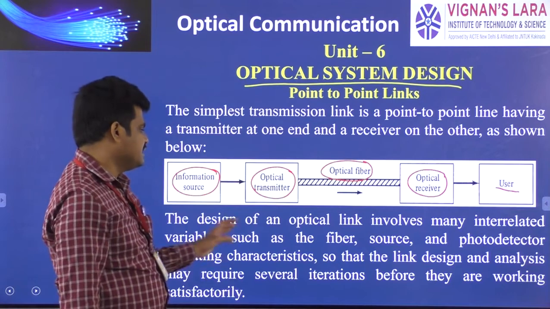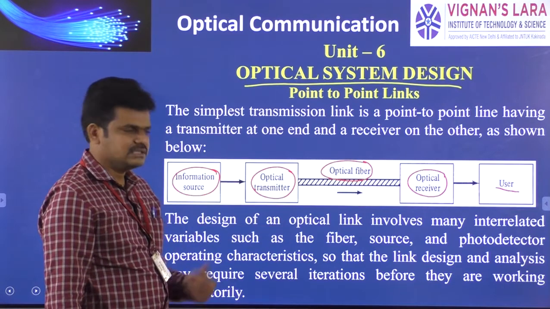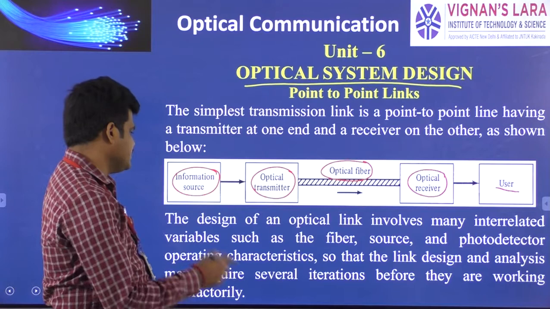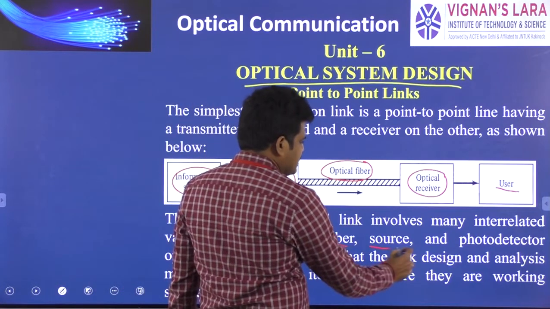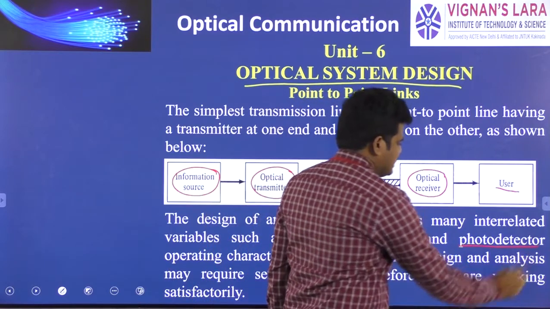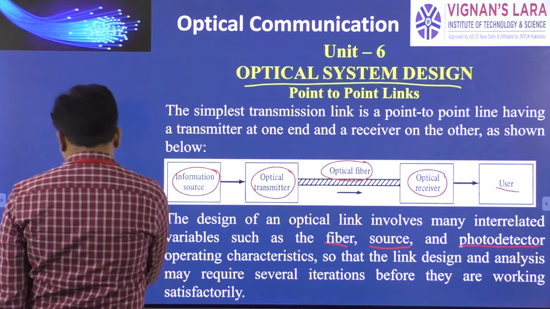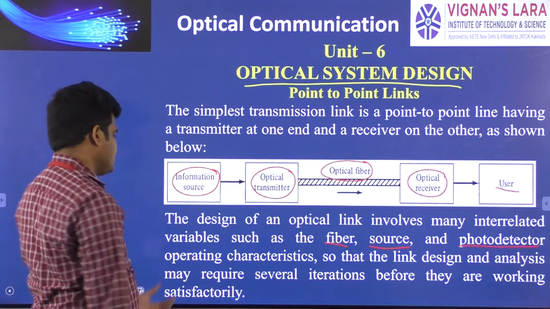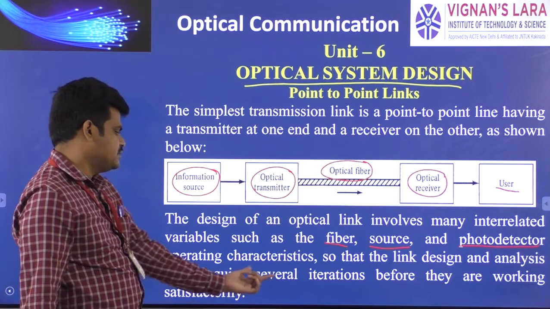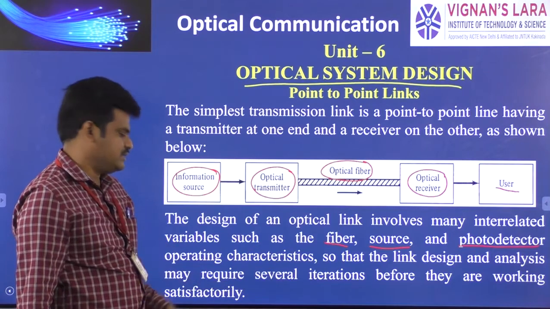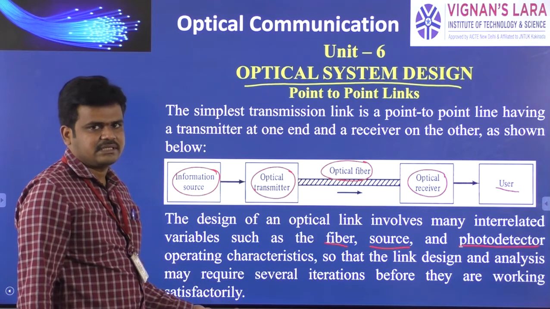The design of an optical link also includes some interrelated variables such as optical fiber, optical source, and photodetectors. All these require several iterations before they are working satisfactorily.